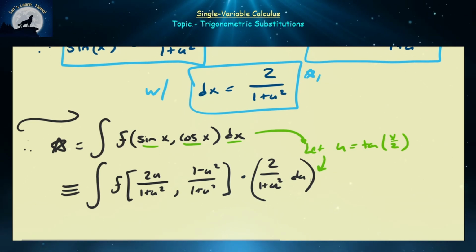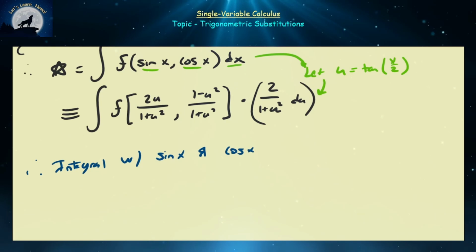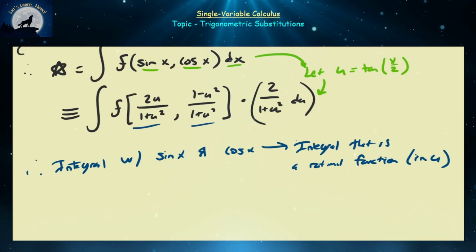So that means an integral with sine x and cosine x turns into an integral that is a rational function in some new variable u only, right? Because that's a rational function, any composition of them will also be a rational function.